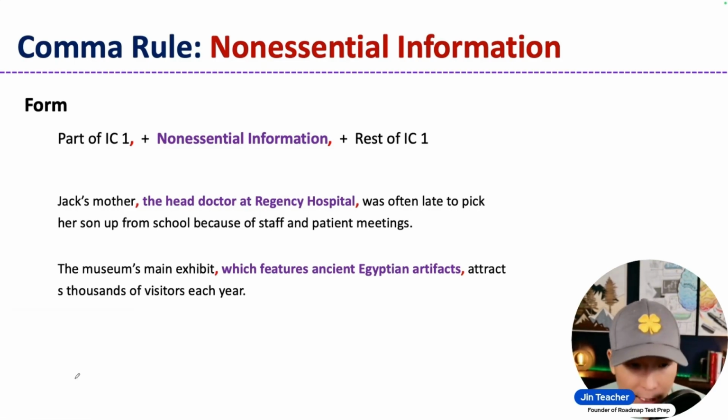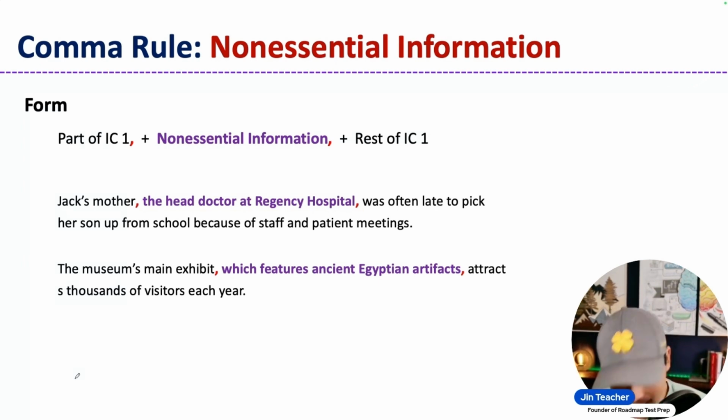Non-essential information is one of the hardest things to learn about commas. You have to memorize different types of non-essentials, and this is what we're going to talk about here. We're going to talk about the different types of non-essential information that you will be tested on, okay? I just want to first teach you guys what non-essential information is. Okay, so we'll take a look at an example first.